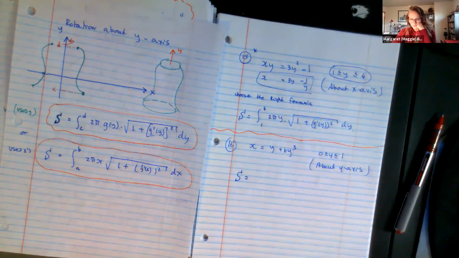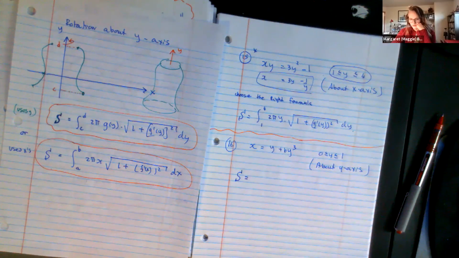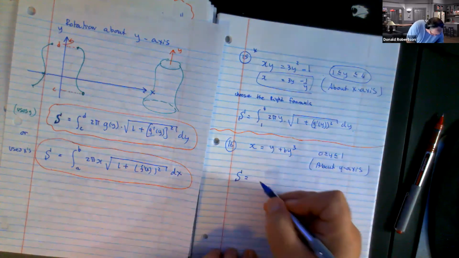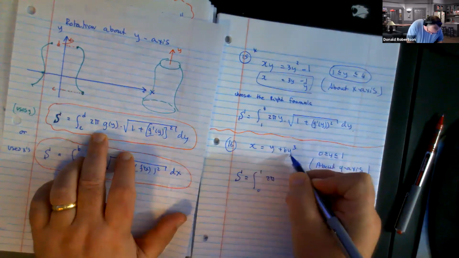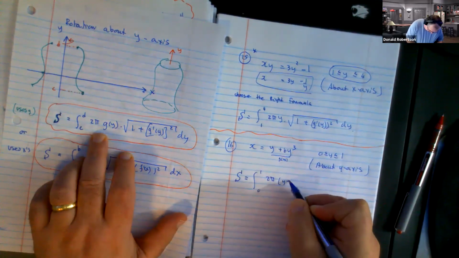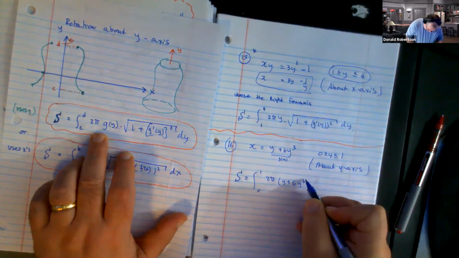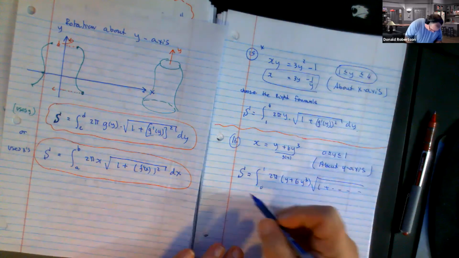Why? What made you decide that? Because it has the y terms in it. Yeah. And so in this case, it would be the integral from 0 to 1, 2 pi. That guy is basically g of y in this theory. So derivative, and off you go. Send to that one.